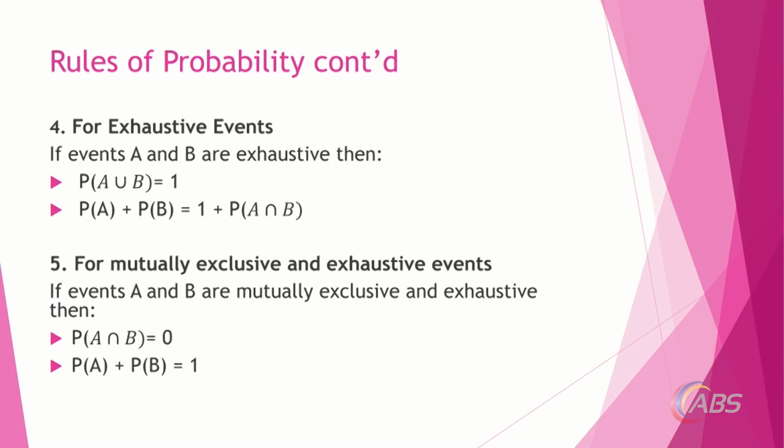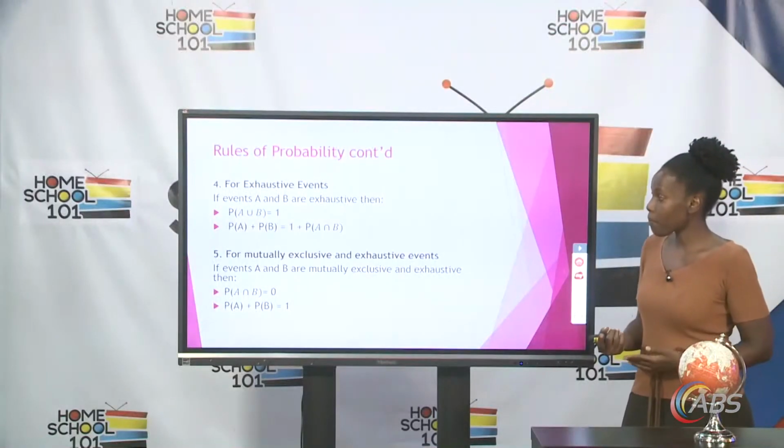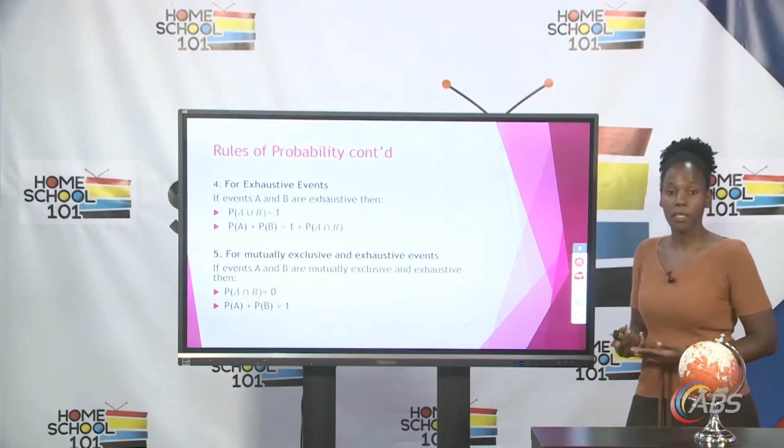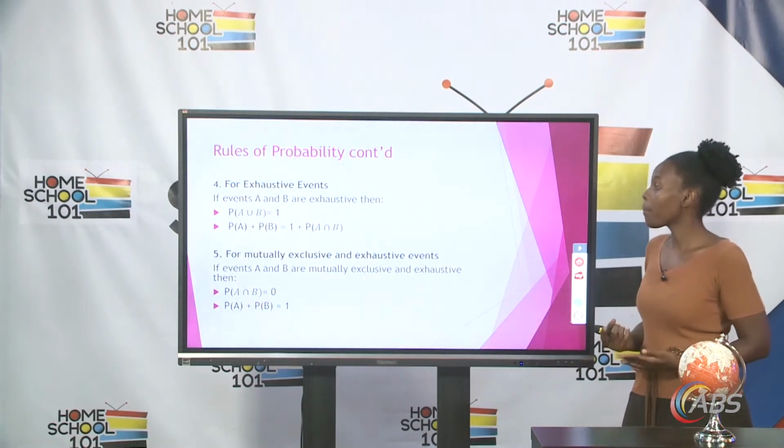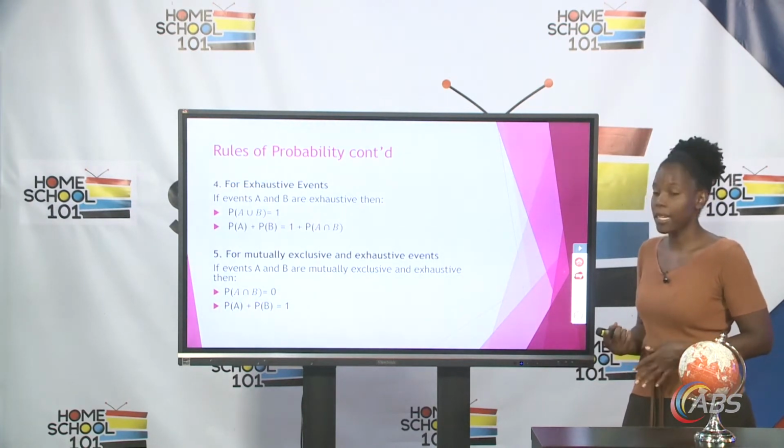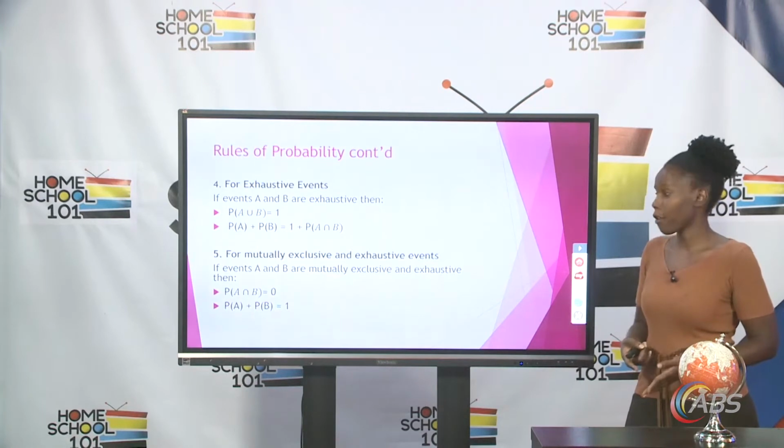Continuing, for exhaustive events, the probability of A union B is equal to 1, because remember we said the union of both is equal to the sample space, and the total probability must be equal to 1. And to find the probability of A plus the probability of B, this is equal to 1 plus the probability of A intersect B using the general rule.